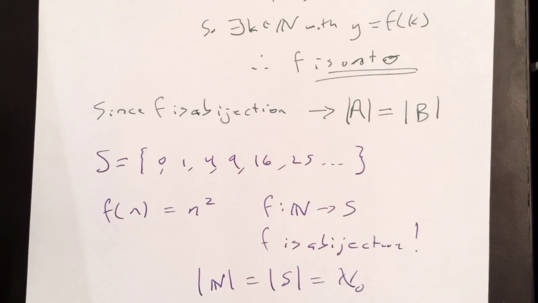Because I'm only looking at half the parabola, right? That's the 1-to-1 part. Why is it onto? Because all of these numbers are perfect squares. I'm not going to miss any of them, am I?